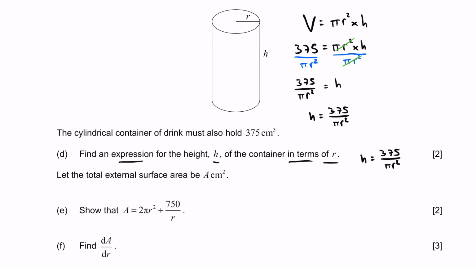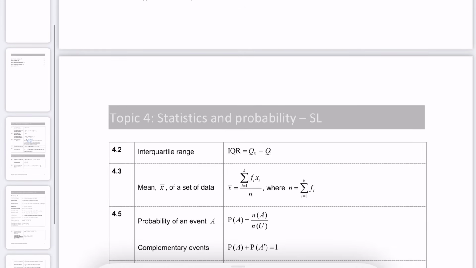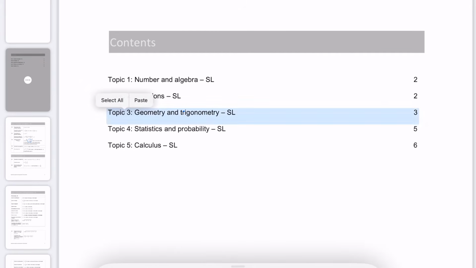What is the surface area of a cylinder? Well, we've got this closed surface, and then we've got these two circles, one on the top and one on the bottom. This is pi r squared, so we're going to have 2 pi r squareds. Then what's the area of this curved surface? For this one, we can actually go to our formula booklet, and we can have a look here.